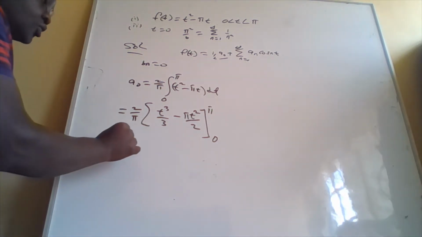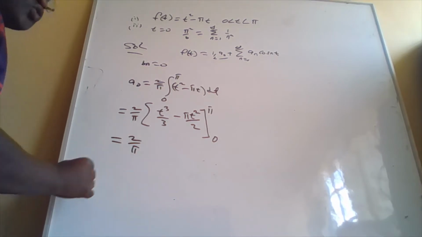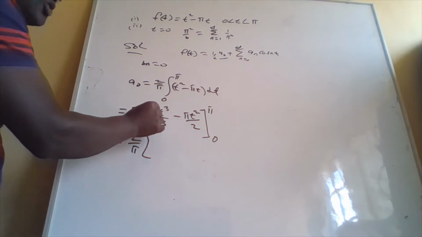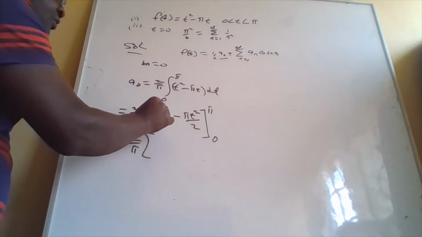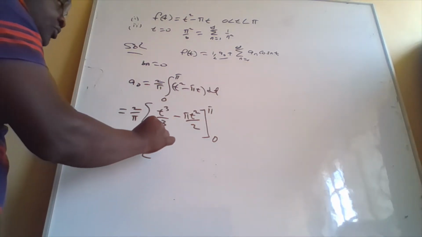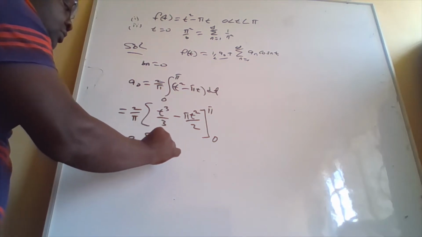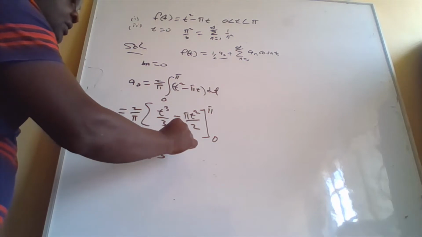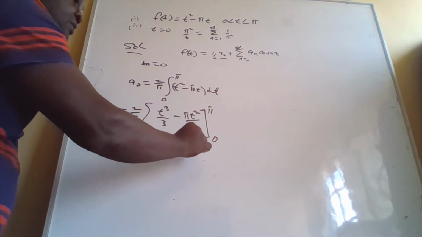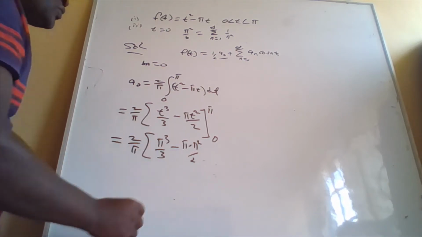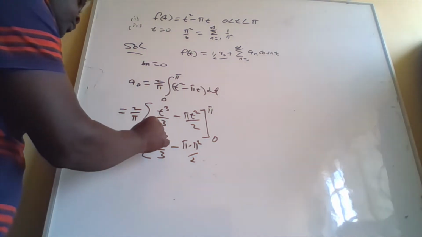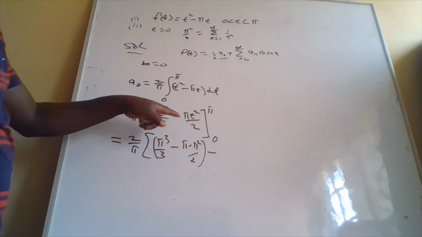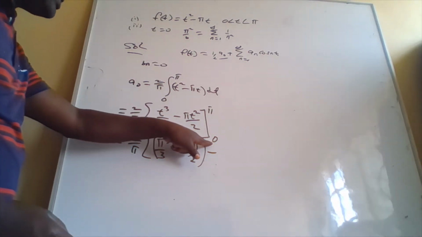So this will be equal to 2 over pi into, where there is t we put pi, so it will be pi cubed over 3 minus pi times pi squared over 2, minus, where there is t, we now put the lower limit.